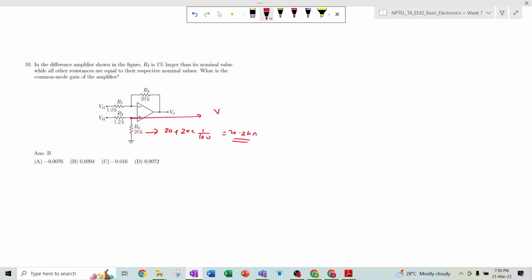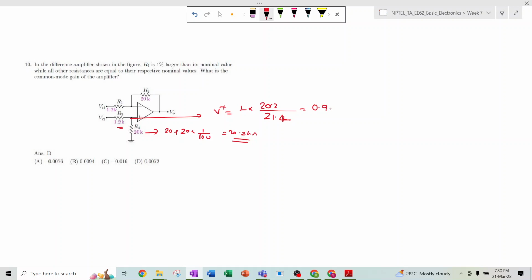Here V plus will be Vi2, which is 1 volt, into 20.2 divided by 20.2 plus 1.2, so this is 21.4. So 20.2 divided by 21.4.